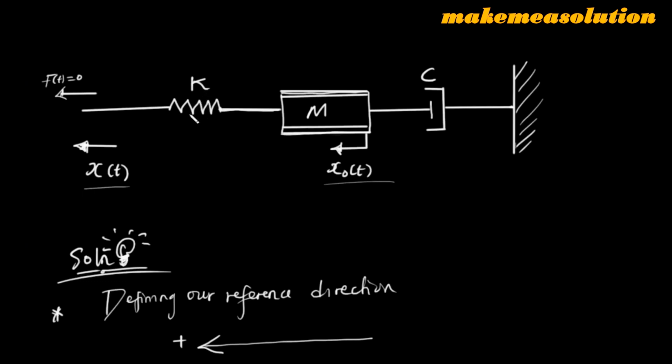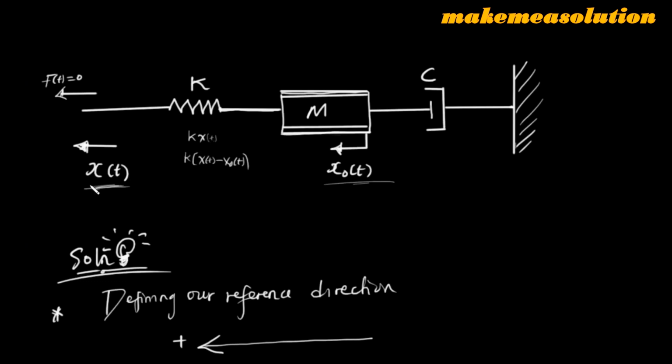Now, normally, the force contribution from the spring is supposed to be kx. But you need to take note that there are two independent variables here, this and this. So you can't just say that the displacement is kx. You have to say k into x of t minus x naught of t. Is that okay? So that's how you actually say it. kx means that our origin is 0.